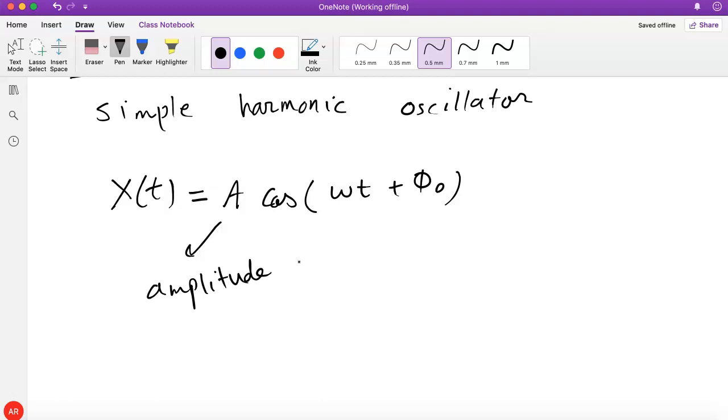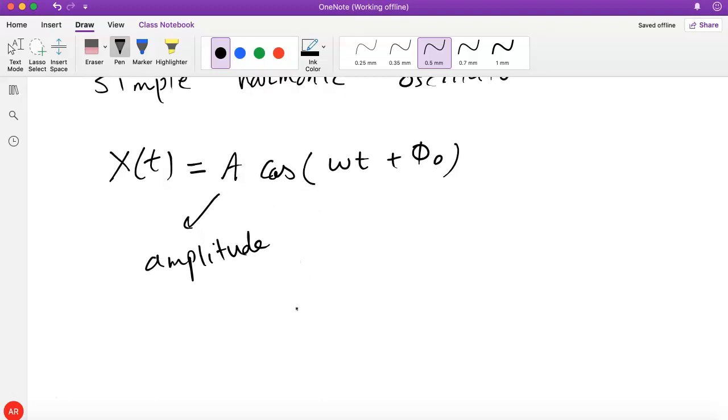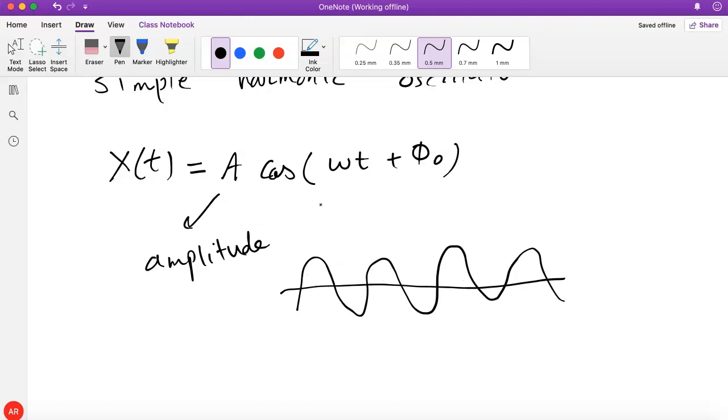And omega was related to the period, right? So if we have, as a function of time, x of t looks like this, some oscillatory function of time, the amplitude is this height here, so it oscillates between A and minus A because cosine is between 1 and -1.